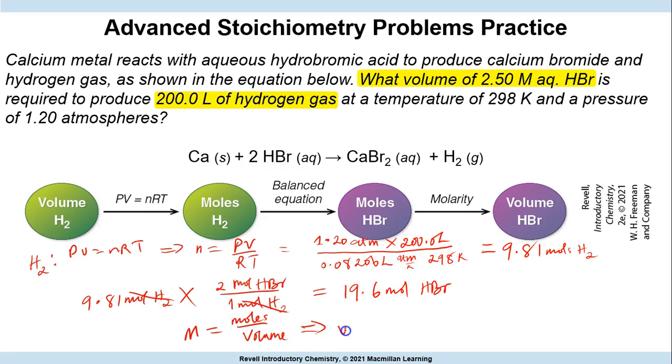This implies volume is equal to moles divided by the molarity, which is equal to 19.6 moles divided by 2.50. So that gives us 7.85 liters.